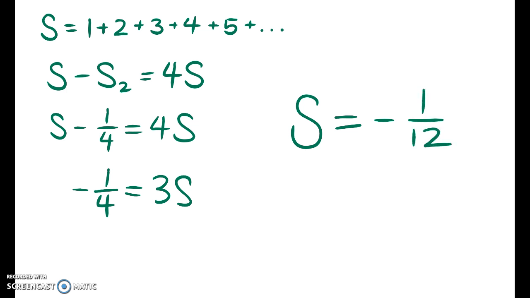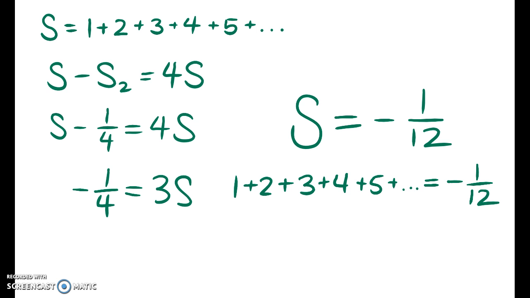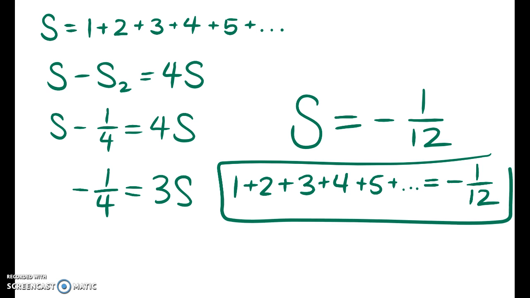Namely, the sum of all natural numbers, 1 plus 2 plus 3 plus 4 plus 5, all the way adding up to infinity, is equal to a negative rational number, negative 1 over 12. And so, we have shown that the sum of all natural numbers is equivalent to negative 1 over 12.